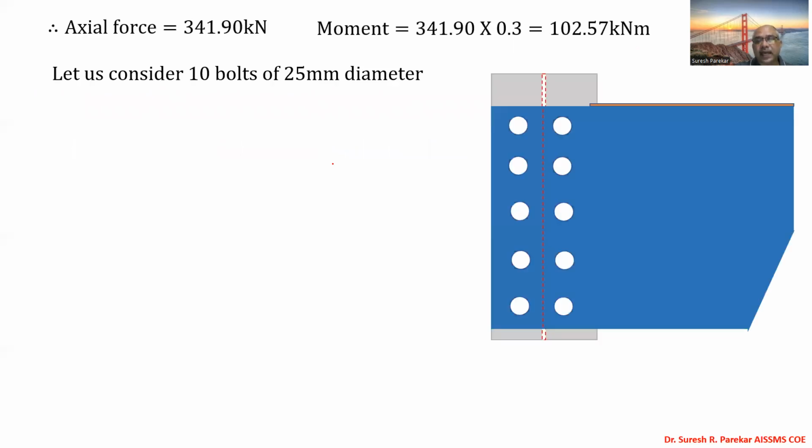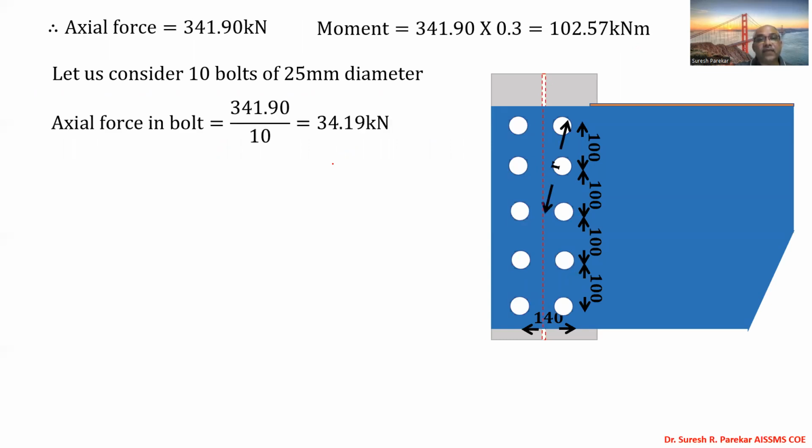Now you can see I have 10 bolts, and from this we get different values. The actual force in a bolt is 34.19. The farthest bolt is this one, so 100 plus 100, 200.